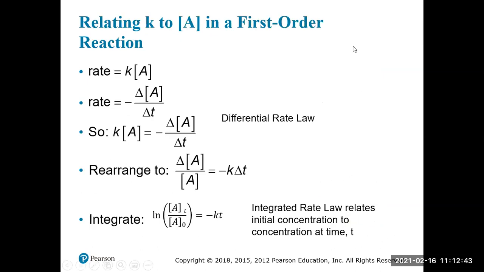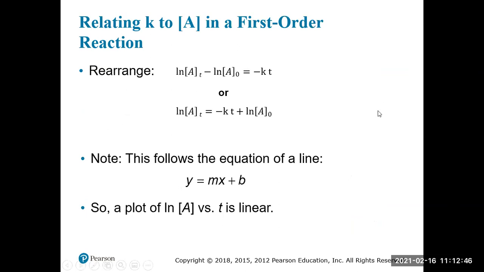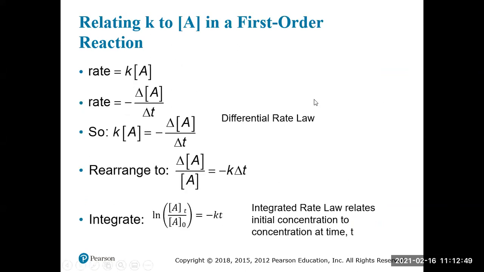So one of the things is, how do you determine whether something is first order or not? Well, you need to do the experiments, like what we talked about a few slides ago, where you vary concentrations and things like that. But one of the big things you can do is plot the data, and depending upon what you have to do to get the data to be a linear plot, that is a real simple visual way of telling you if you have a first order or second order type of reaction.